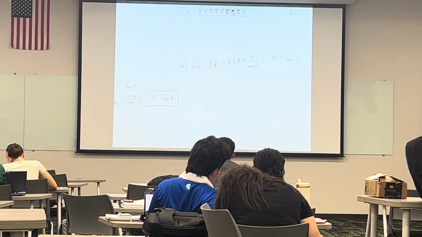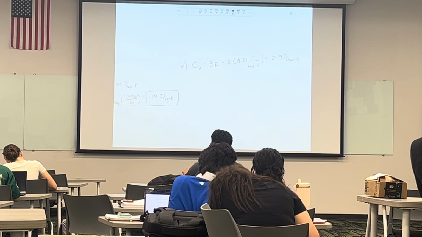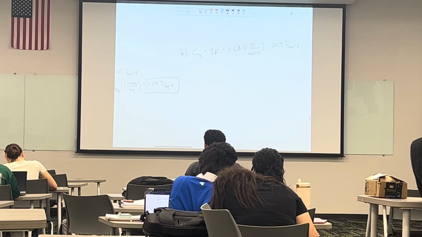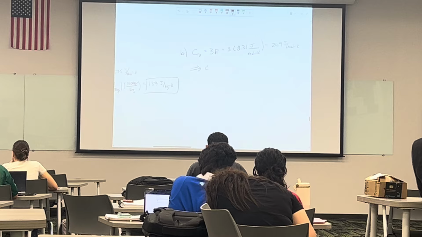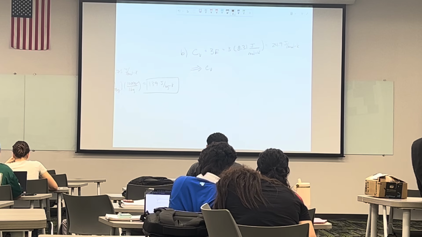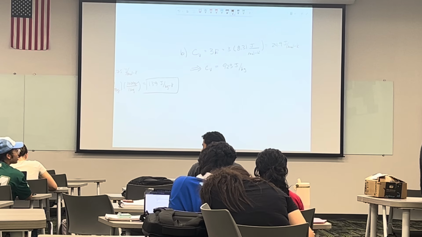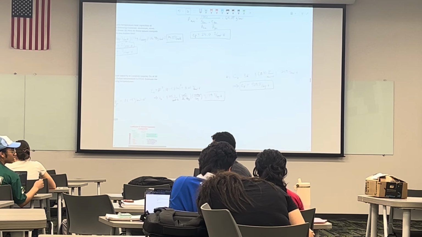And again, just like in part A, you want to convert the joule per mole Kelvin to joule per kilogram Kelvin, since we already know how to do that. You have a lowercase CV of 923 joule per kilogram Kelvin for part B.